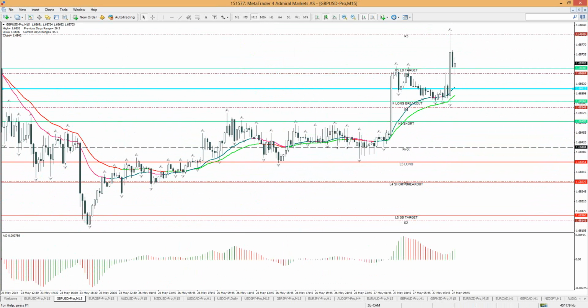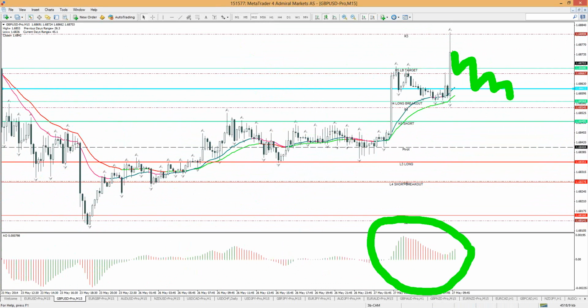Yeah, I would wait for consolidation personally. I would like to see some consolidation and back to the zero line. This AO back to the zero line, fully back to the zero line.